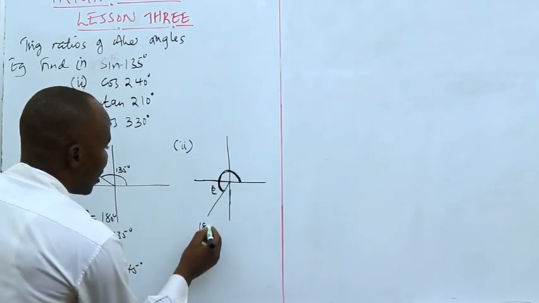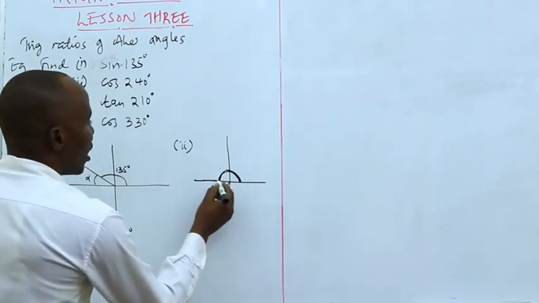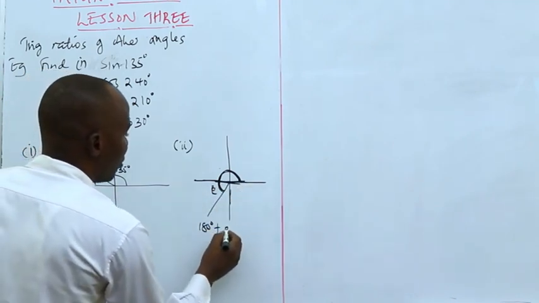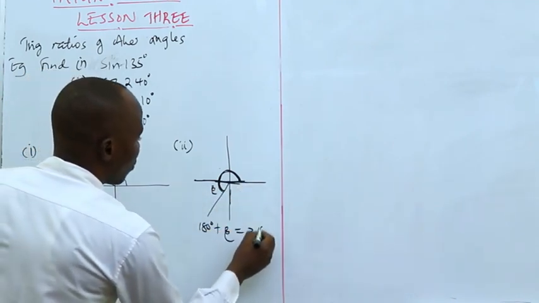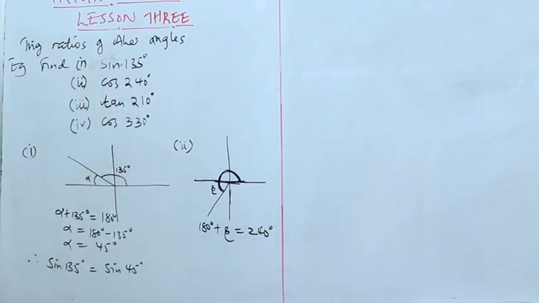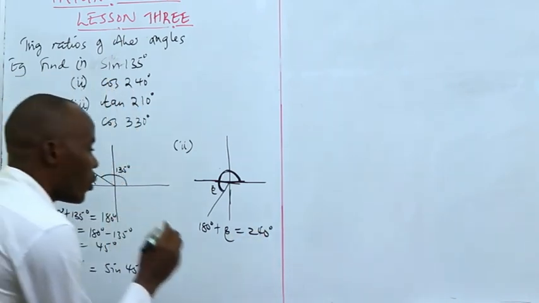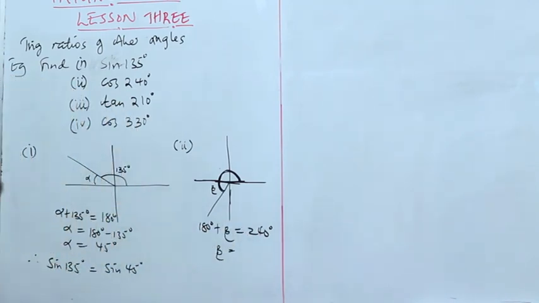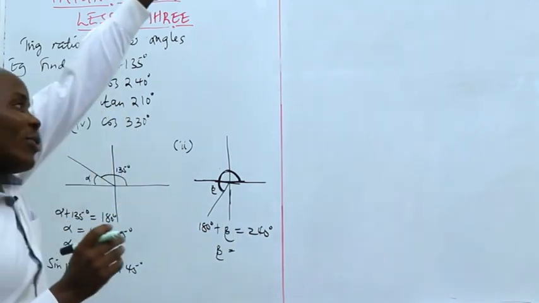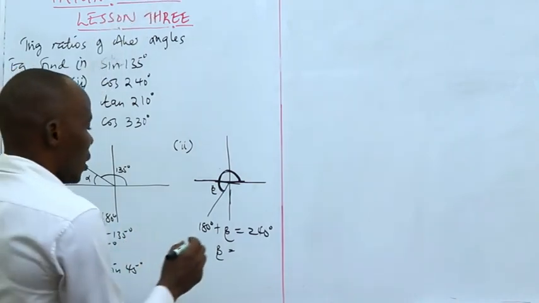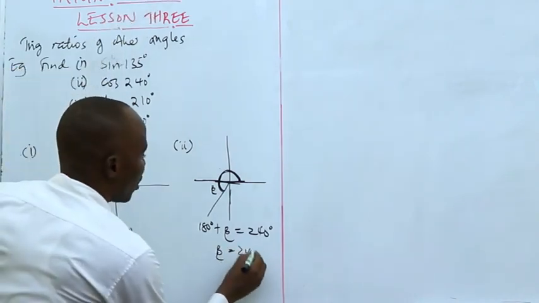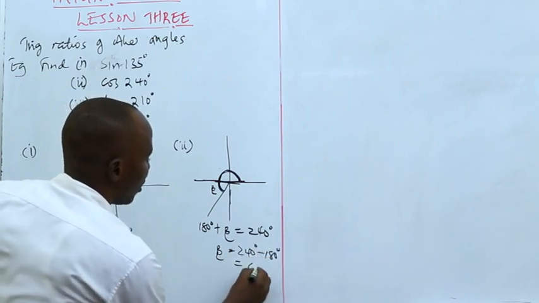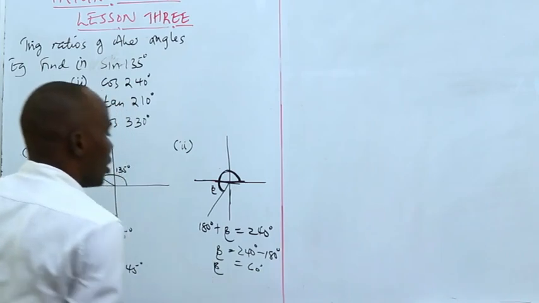So 180 plus beta gives me the total of 240. Therefore, the value of beta is 240 degrees minus 180, which is 60 degrees.